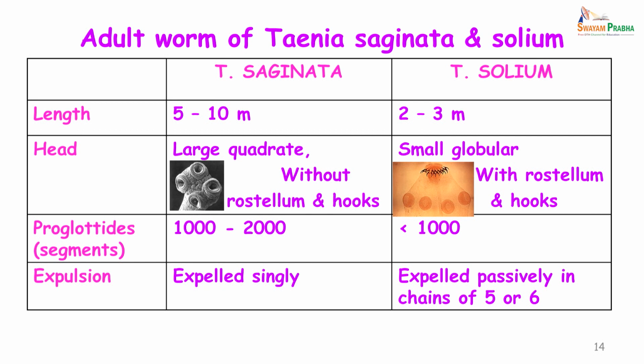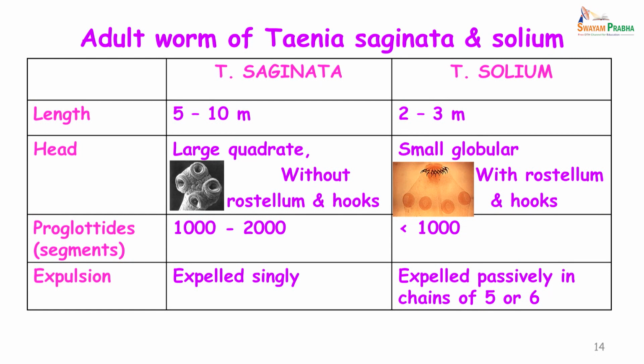In the case of solium, it is globular, and like I said, it is trying to make up for the height, and therefore, it has a rostellum and hooks. This making up for that height is just for you to remember. The proglottids are 1000 to 2000 in number in Taenia saginata, obviously because it is longer, and it is less than 1000 in the case of Taenia solium.